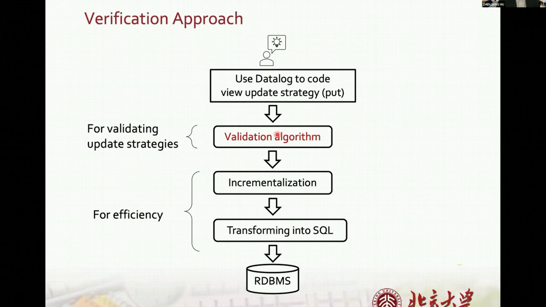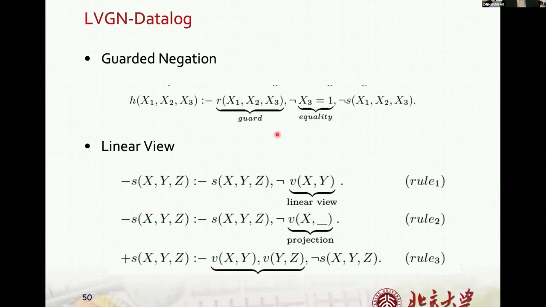So the class we defined is called LVGN-Datalog. The GN is quite well known in the Datalog community. It's called guarded negation. That means when you define this clause, it says if this is satisfied, it implies this one. So what is guarded negation?